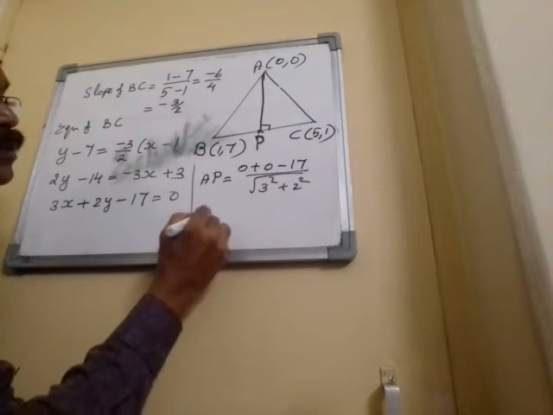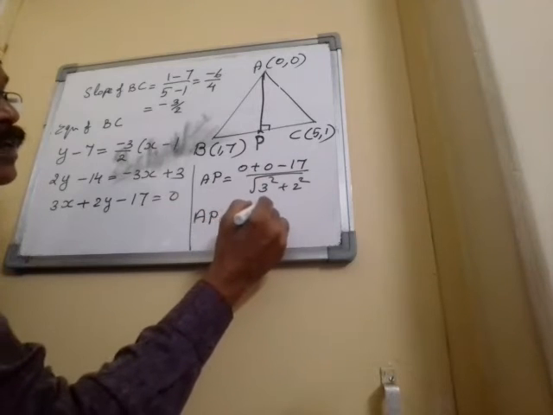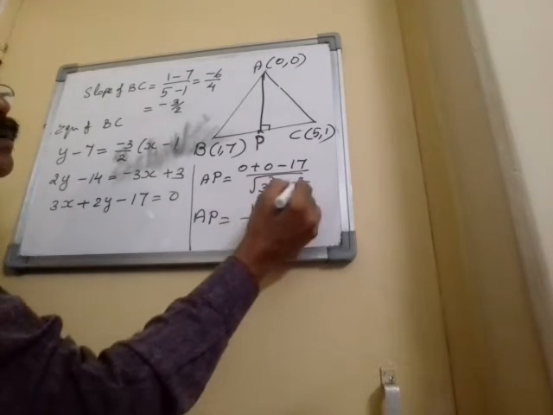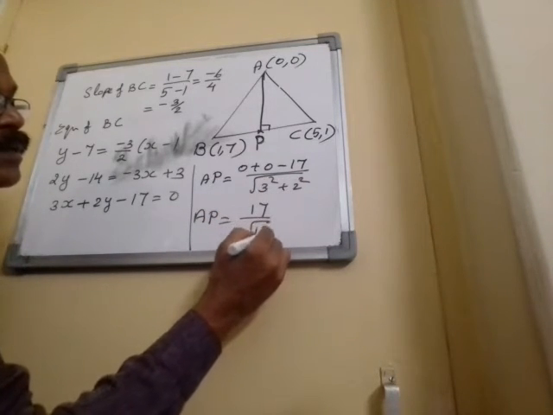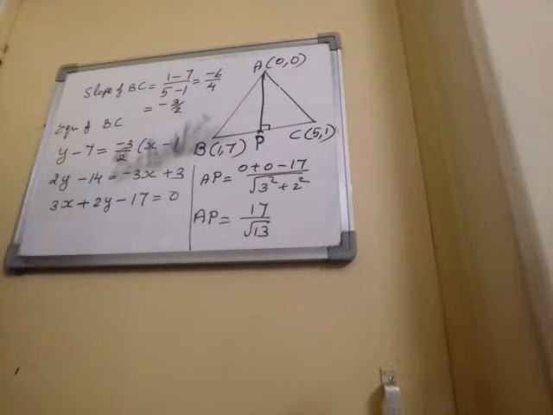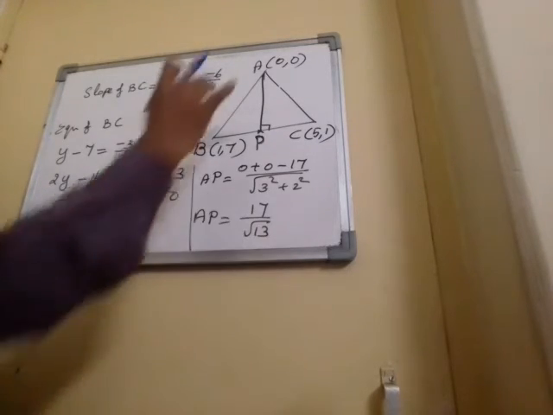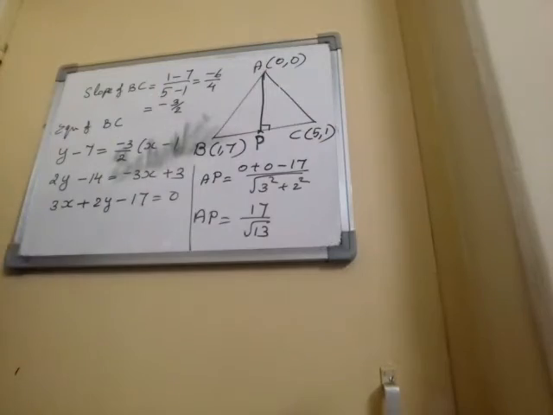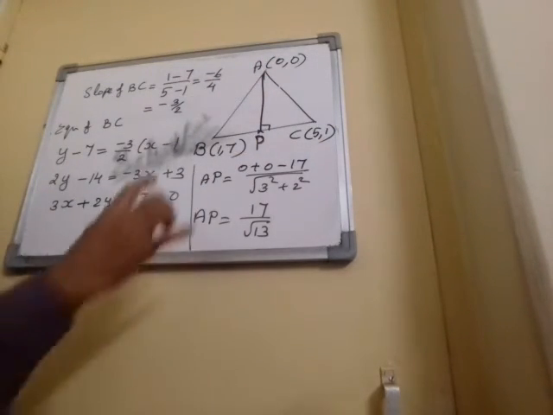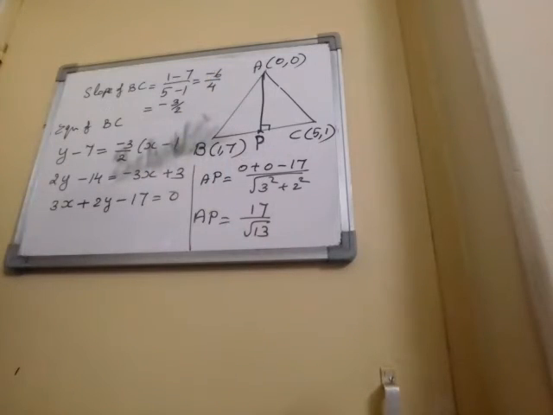So AP equal to the positive value, 17 by root of 9 plus 4, root 13. So question is also asking to find the area of this triangle ABC. So first we got this perpendicular, and we know the area of triangle is half base into height. So we can calculate the area also.